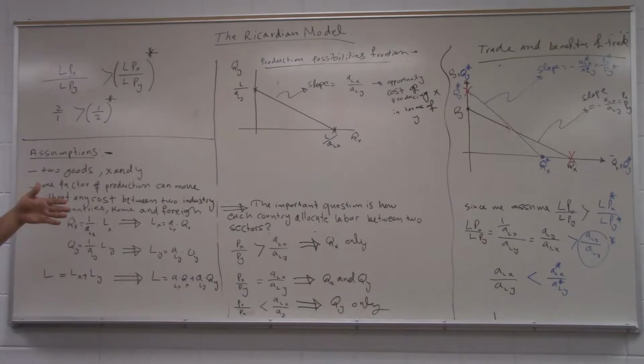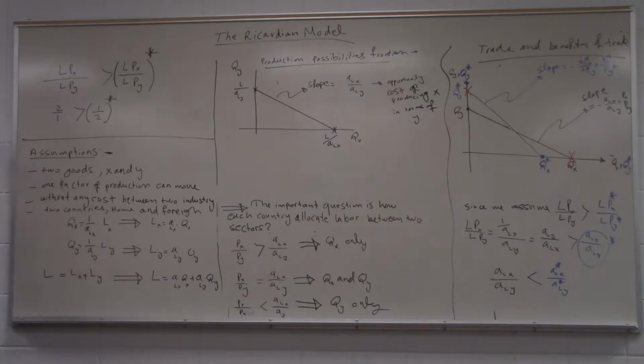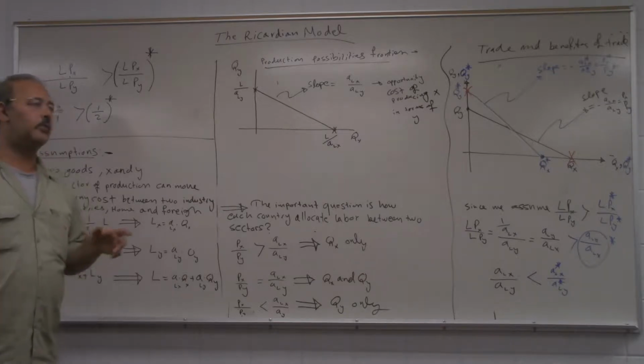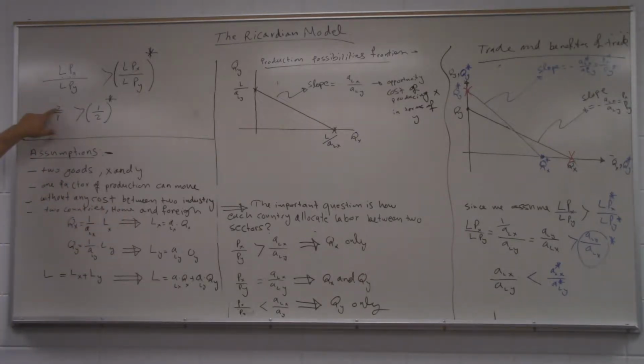For example, we take labor productivity in producing good X, which might be computers. If 1 unit of labor can produce 2 units of good X, and the same 1 unit of labor can produce 1 unit of good Y, then this ratio is equal to 2.